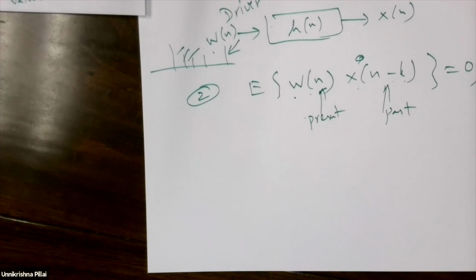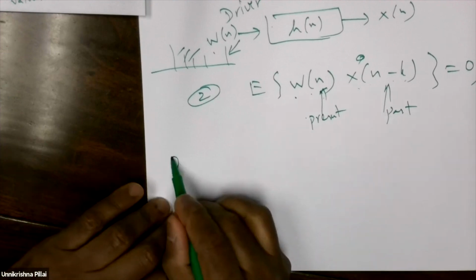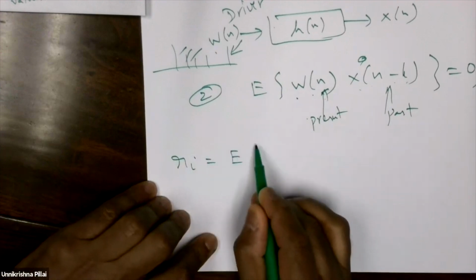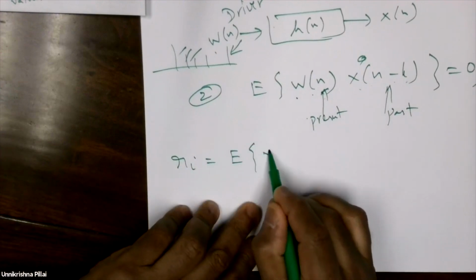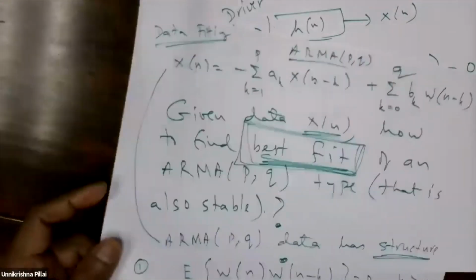So that's the assumption. So with this, let me quickly generate the output autocorrelation function, the expected value of. I think the stationarity is clear, right?